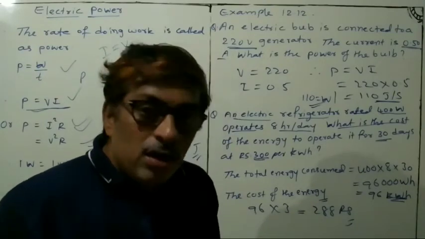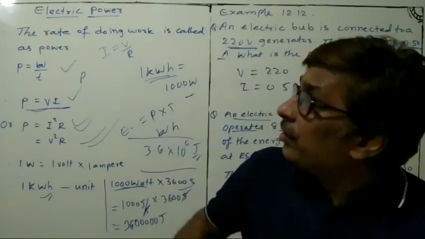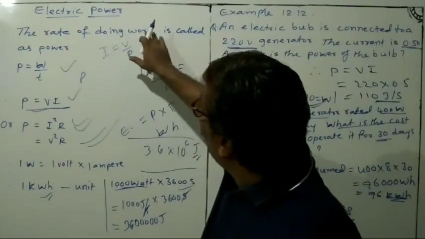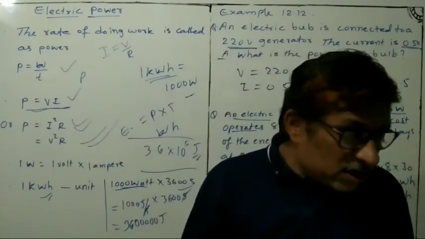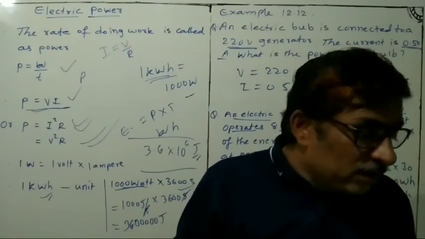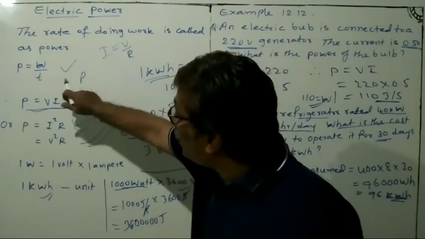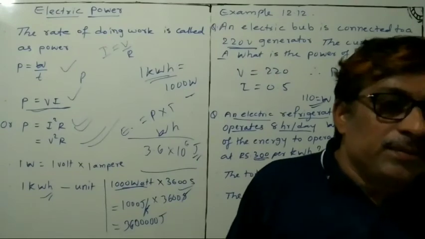Okay, dear students, so today what did you learn? You learned electric power. What do you mean by power? The rate of doing work is called power. What is the SI unit of power? That also you learned: the SI unit of electric power is watt. And how we can change the formulas according to our calculations, this also you learned.